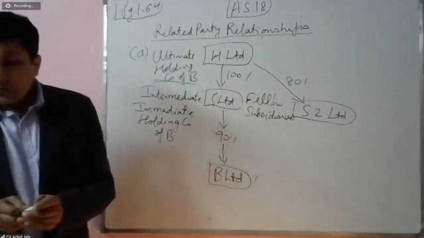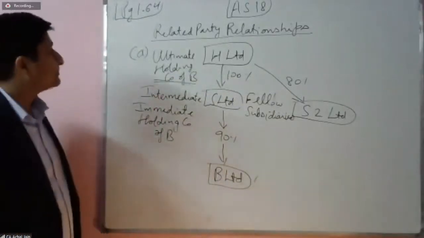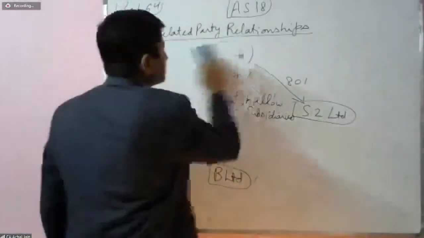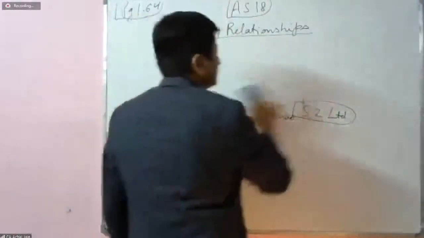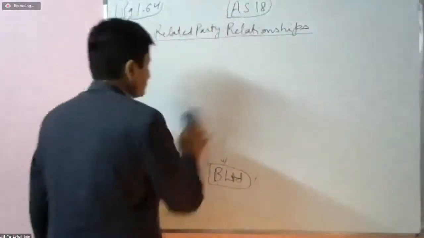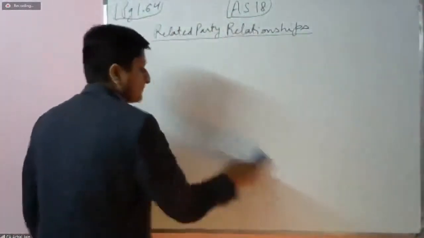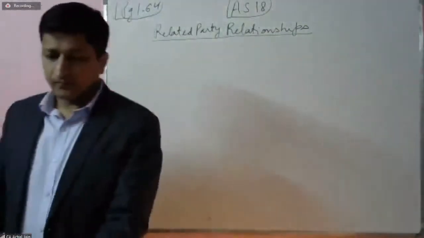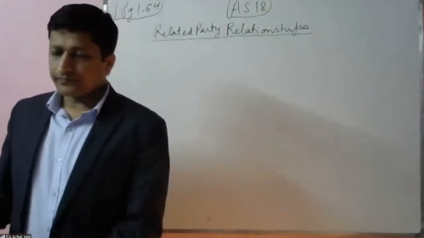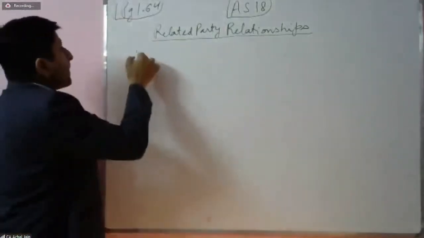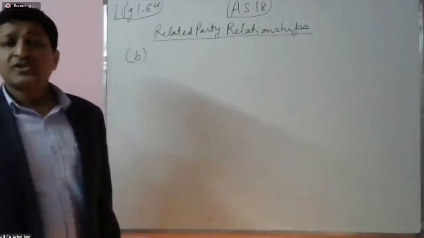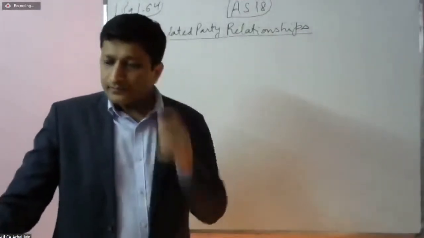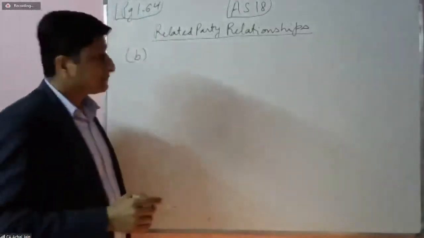Okay, now let's move on to relationship type B: associates and joint ventures of the reporting entity. Now what does it mean?